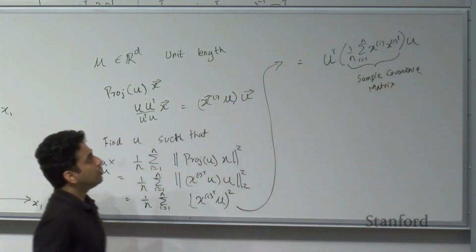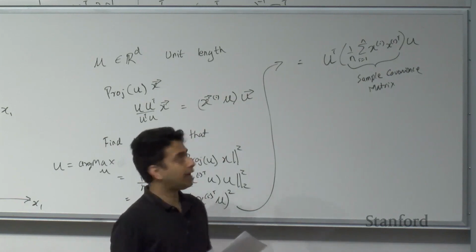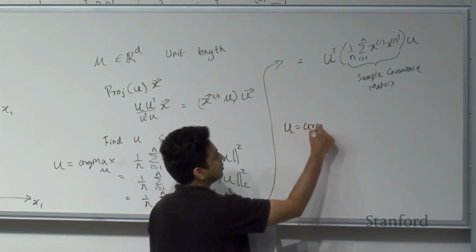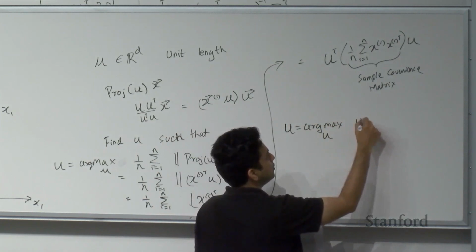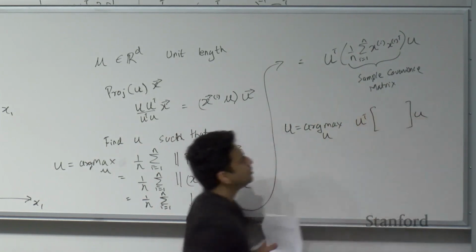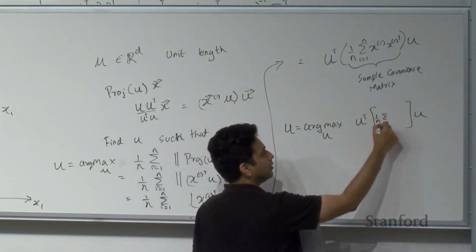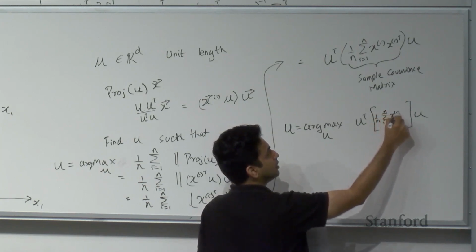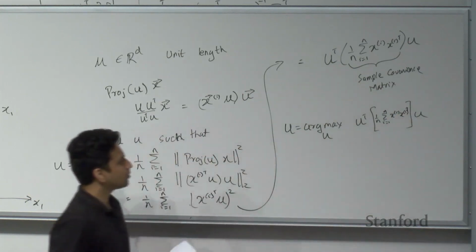You might remember this from some optimization class you took. u equals argmax over u of u transpose times some matrix times u. In this case, the matrix happens to be 1 over n sum i equals 1 to n xi xi transpose.